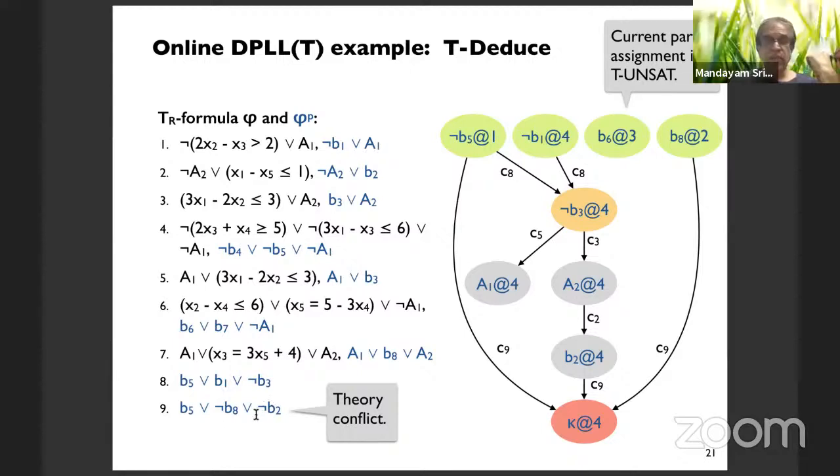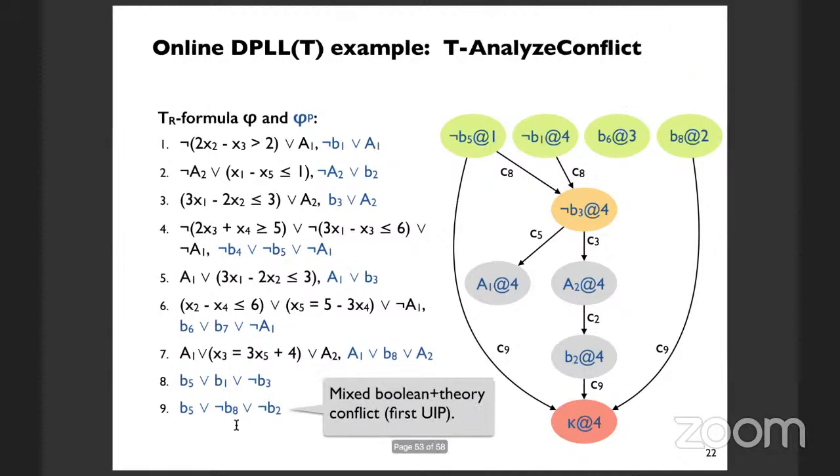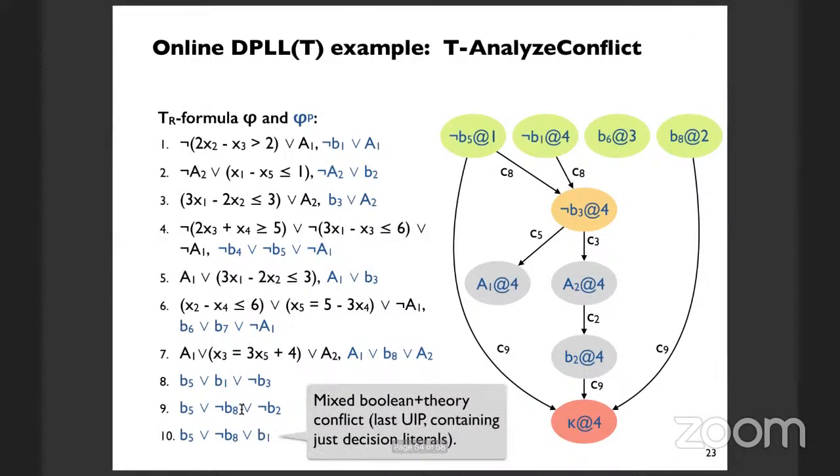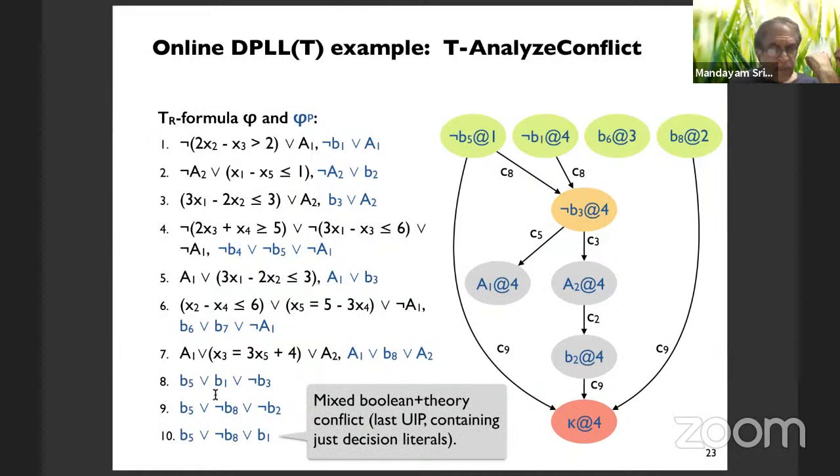So there's a difference between these. Clauses 9 and 2 are conflicts obtained by looking at the implication graph, but not clause 8. That is obtained purely by, see, B5 and not B1 did not cause any conflict. It just happened to imply not B3.